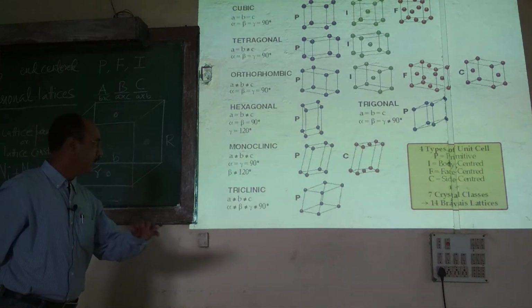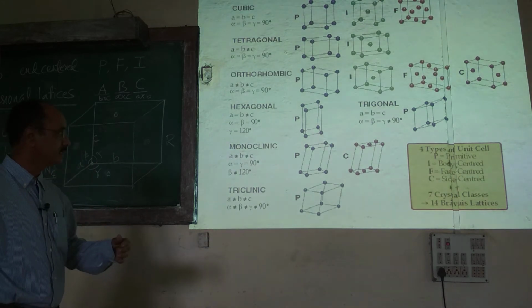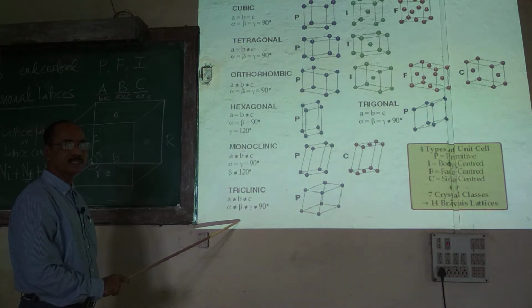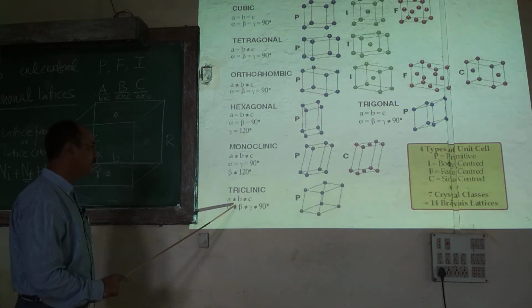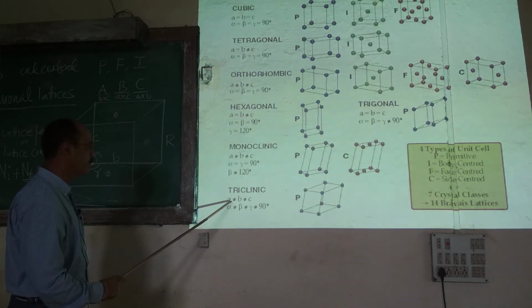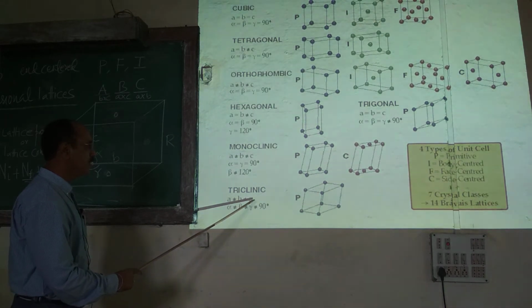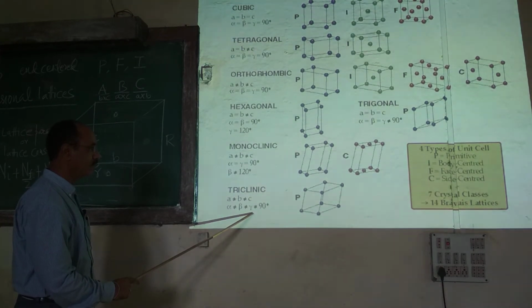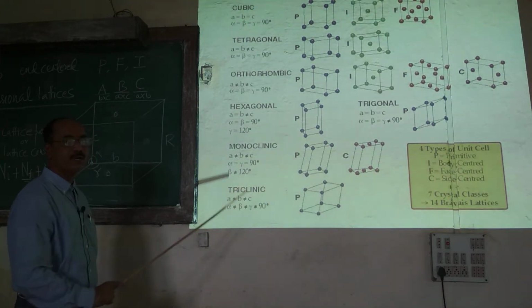The seventh and the last crystal system is triclinic. It is defined by the lattice parameters A is not equal to B, B is not equal to C, alpha is not equal to beta, beta is not equal to gamma, and it is not equal to 90.